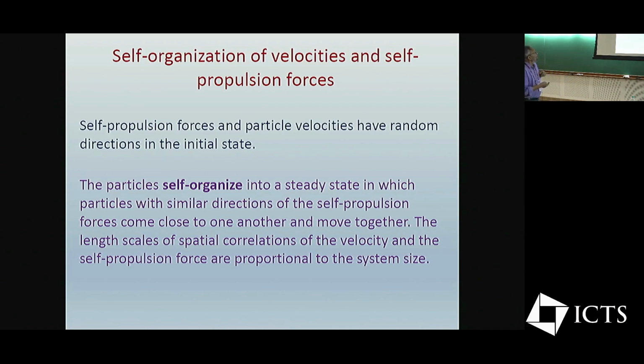And not just that, the correlation length associated with these spatial correlations seems to go to infinity in the large system size limit. So it is a somewhat strange kind of self-organization which the system develops through its own dynamics. So we have looked at various properties of this self-organized state. Self-organized state basically means that the velocities are correlated over long distances, and the same thing about the forces.